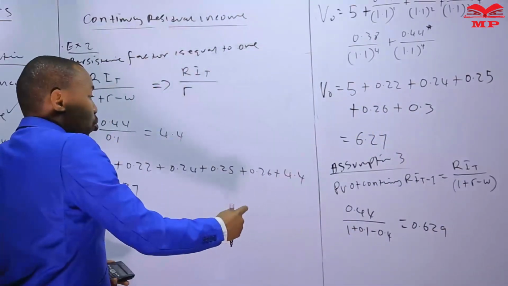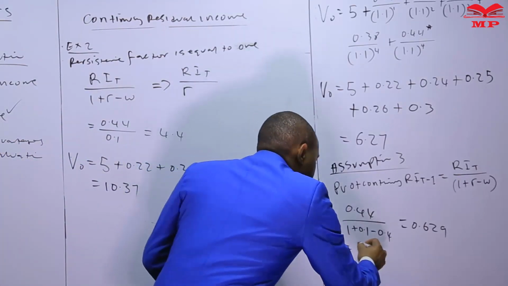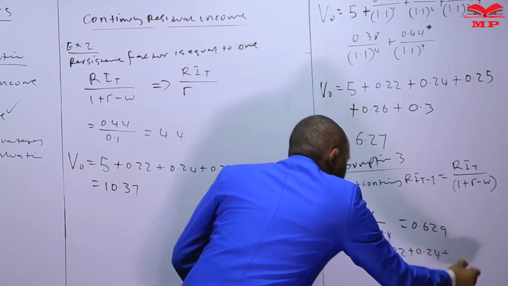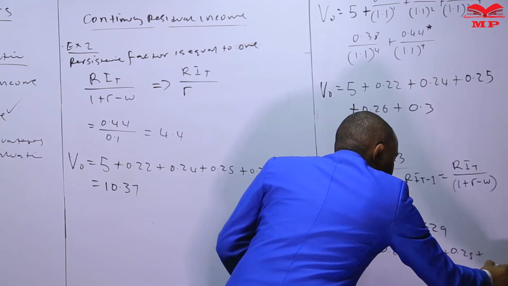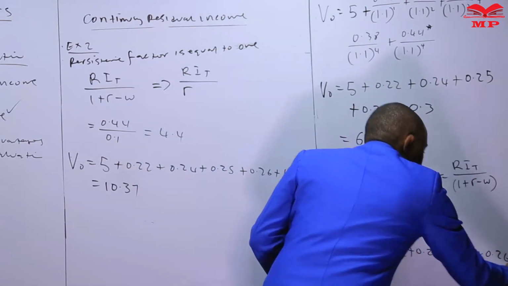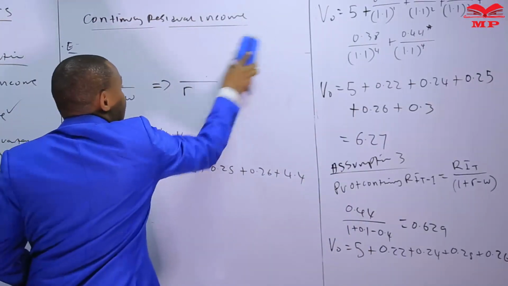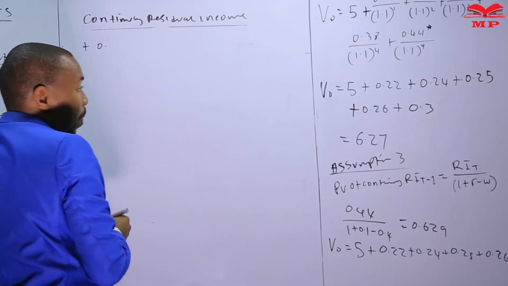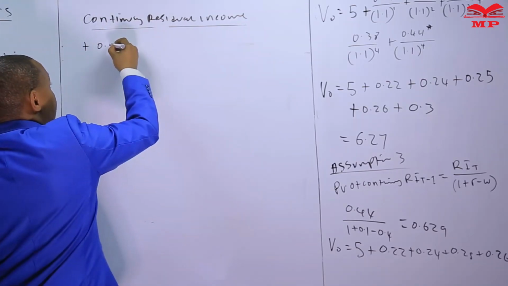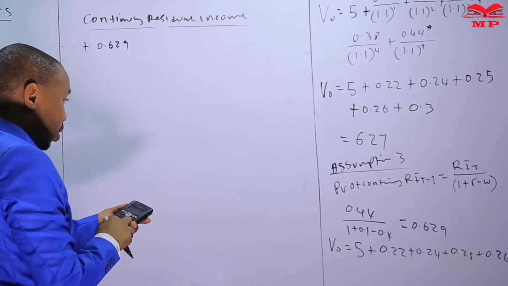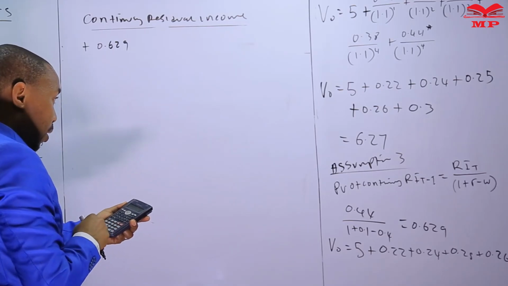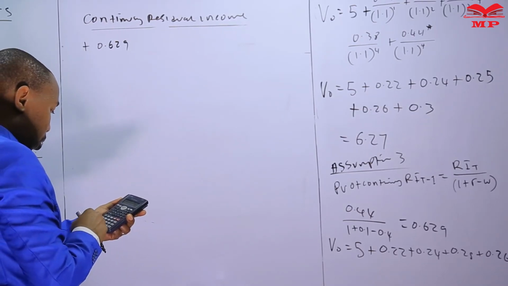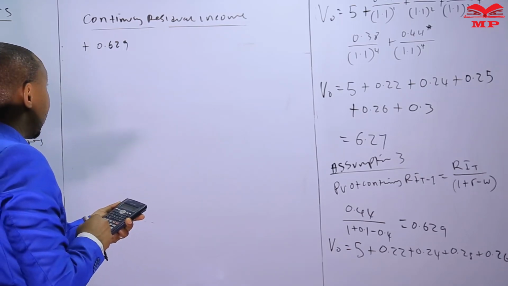So putting it all together, the value is given as 5 plus 0.22 plus 0.24 plus 0.25 plus 0.26 plus now 0.629.